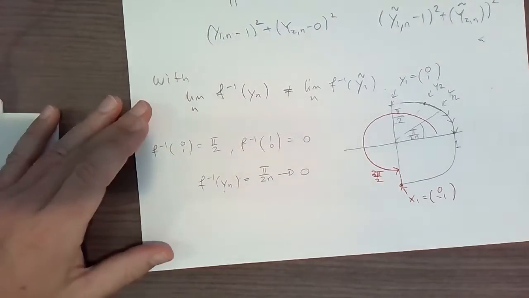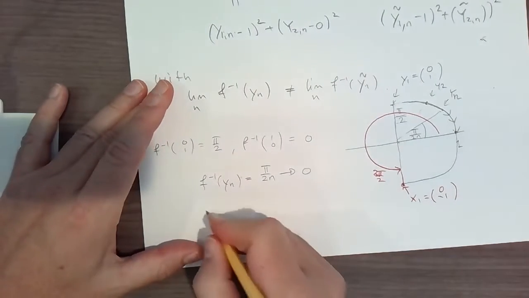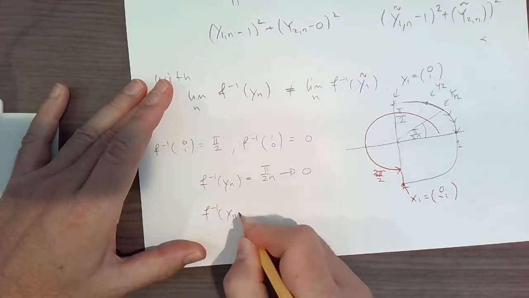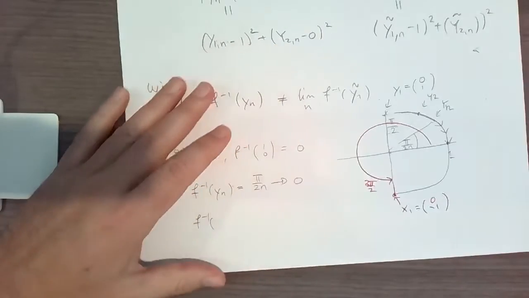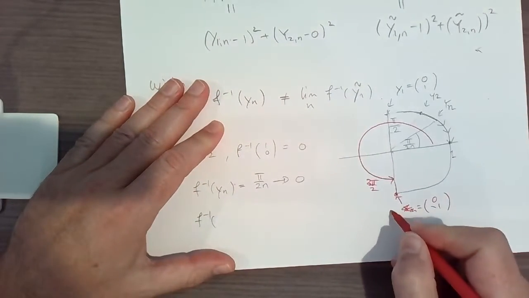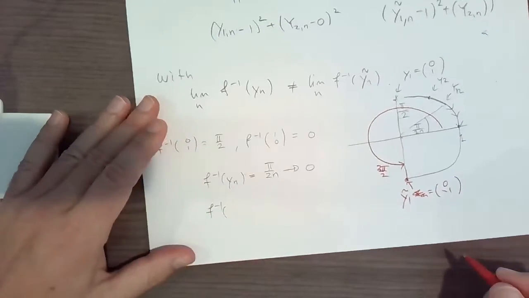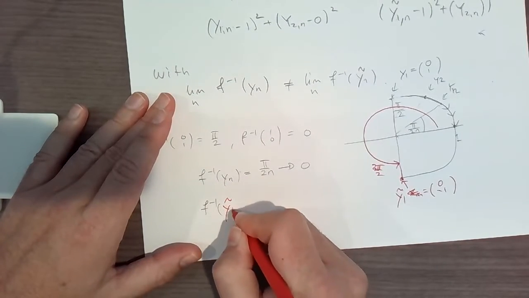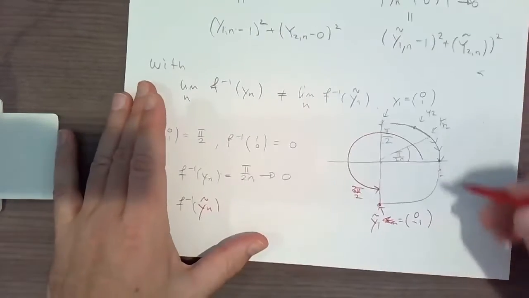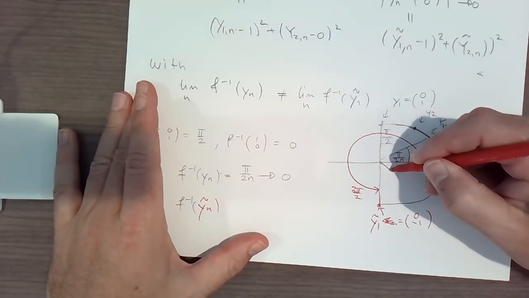When I'm looking at f inverse of y_n tilde, I should not call them x's because in my notes I call them that. So this is my y tilde 1, this is y tilde n. In general, I want to have the angle going around.